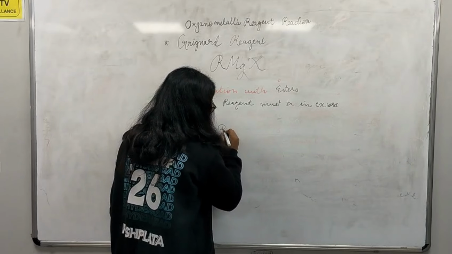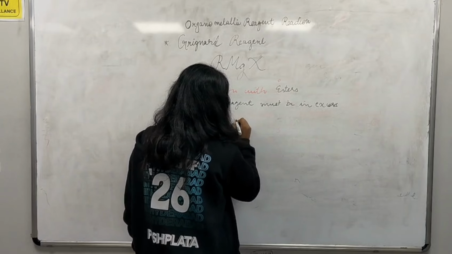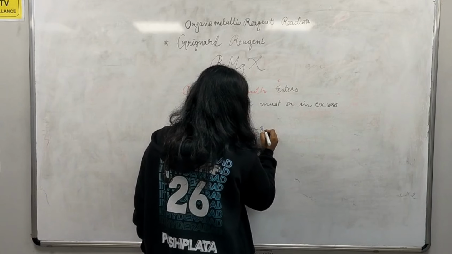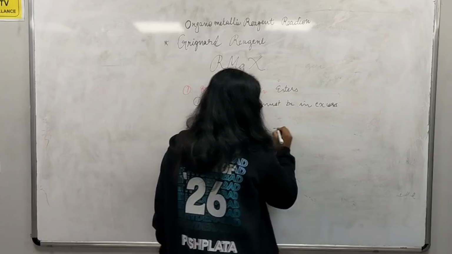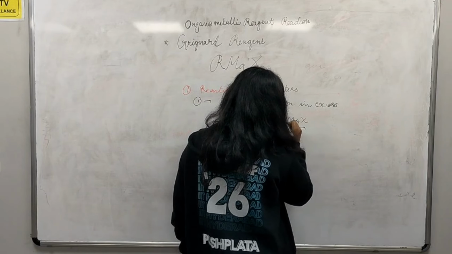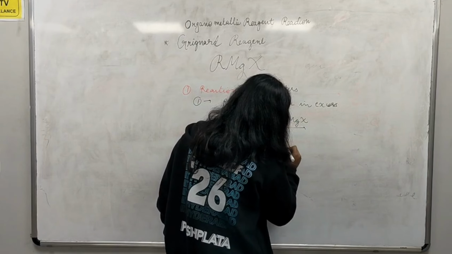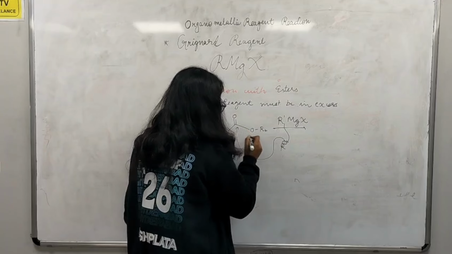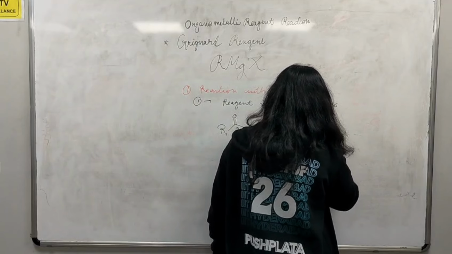Now let's take an ester group reacting with RMgX. This R will come out as R negative and will attack at the carbonyl center.